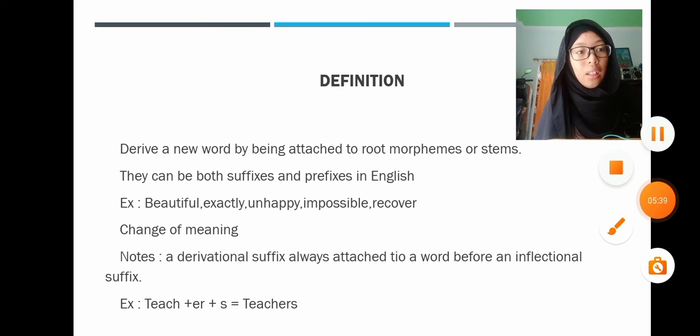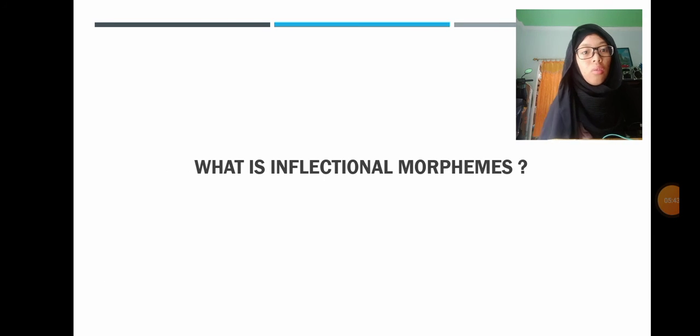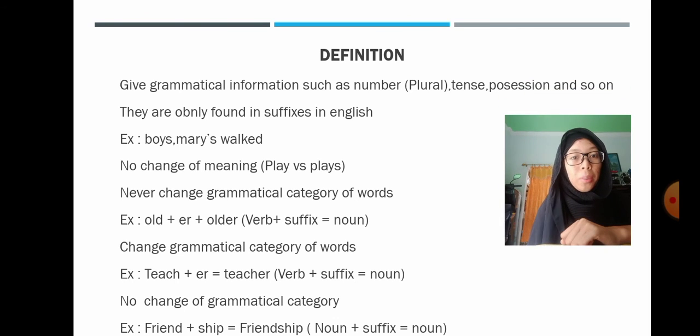Okay, and then what are inflectional morphemes? Inflectional morphemes are morphemes which give grammatical information such as number or plural, tense, possession, and so on.